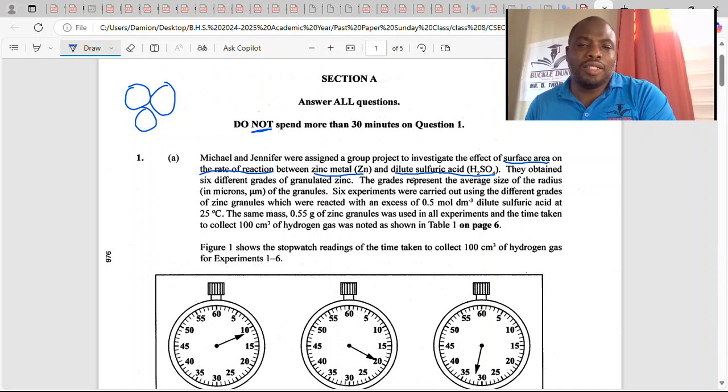When you have a metal reacting with an acid, what the metal will do is kick off the hydrogen and take its place to form the salt.